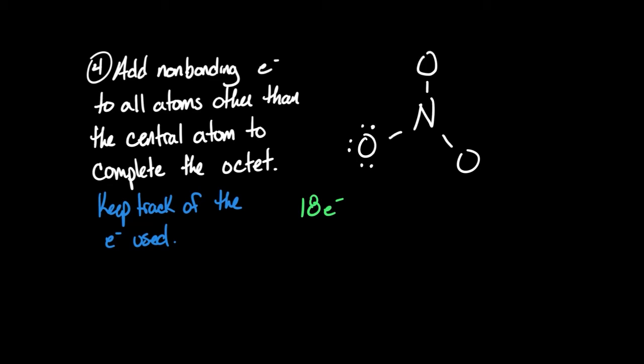So again, 6 non-bonding electrons plus the 2 in the bond brings the total for each oxygen to 8. And once again, we want to make sure that we keep track of our electrons. We've used 6 electrons on each oxygen for 3 oxygens. 6 times 3 is 18. 18 minus 18 is 0. So we've used all of our electrons for this structure.